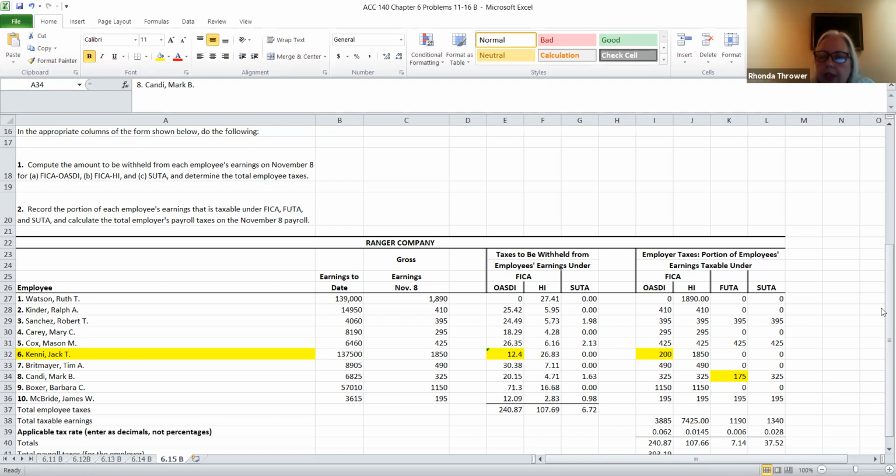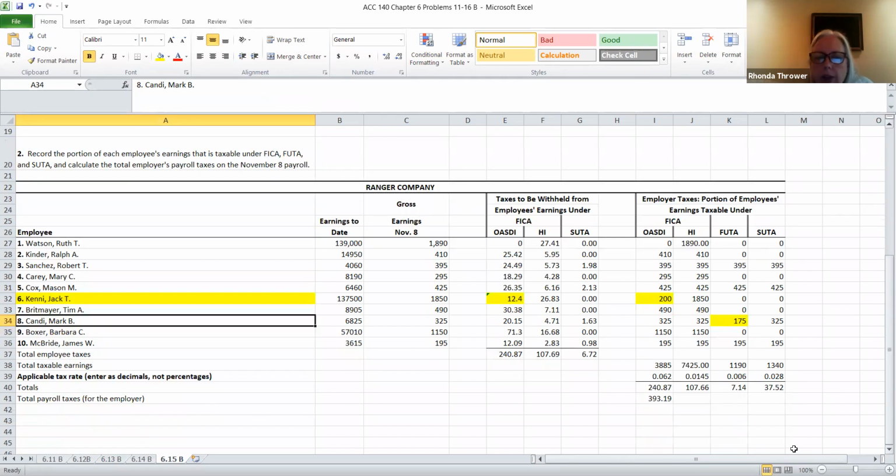So the very last thing that they ask you to do, let me see if I can get it where you can see it, there you go, is to total the payroll taxes just for the employer. Now in Cengage, they didn't put for the employer here, so I miscalculated this originally, but all they wanted in Cengage was just for the employer.